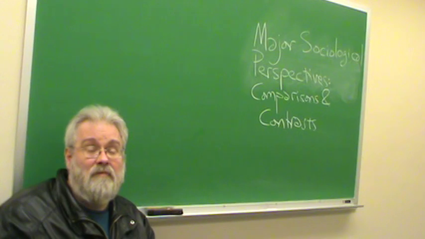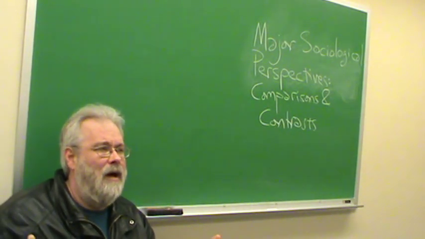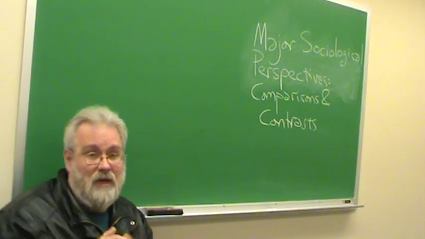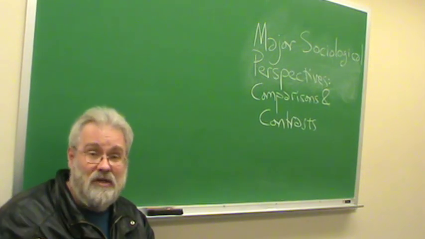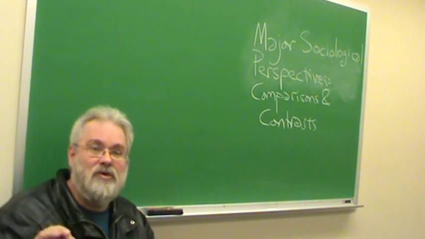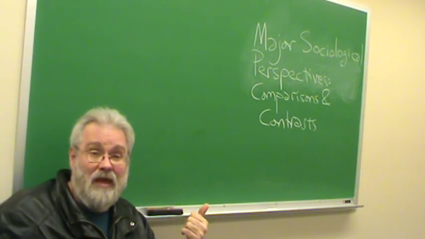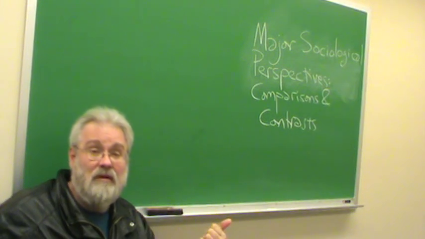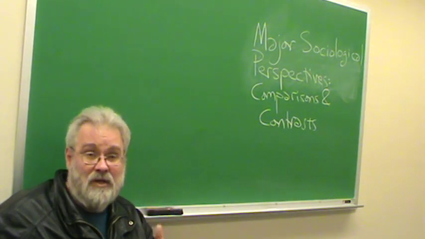Likewise, if we talk about people like George Herbert Mead, Cooley, Blumer, people of that order, we're probably talking about interactionists. And again, I'm not giving you every last name, but as you go through this course, look at what names come up over and over again when we talk about conflict theory, functionalism, and interactionism.